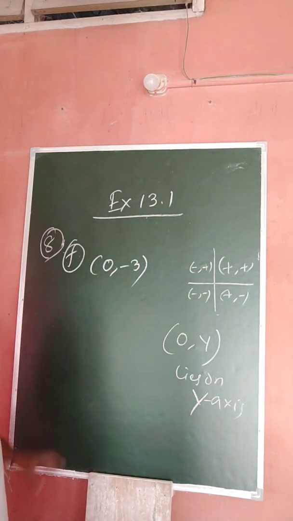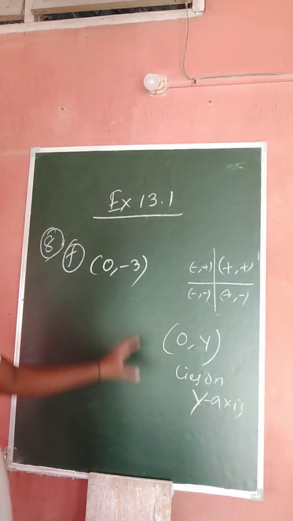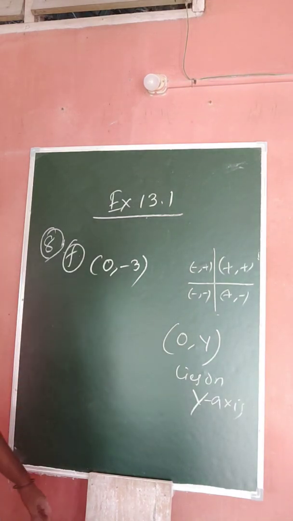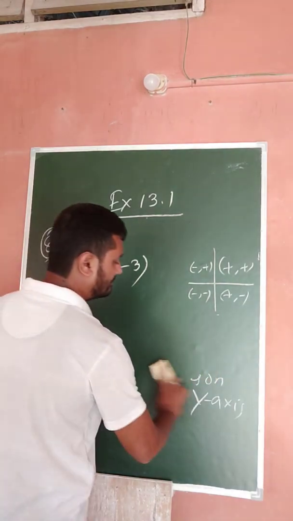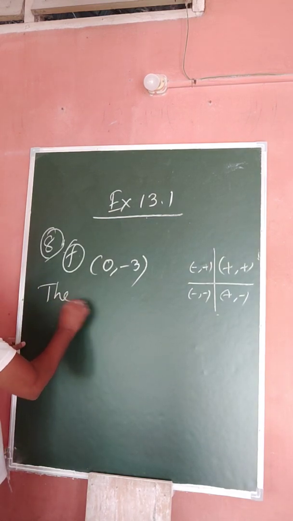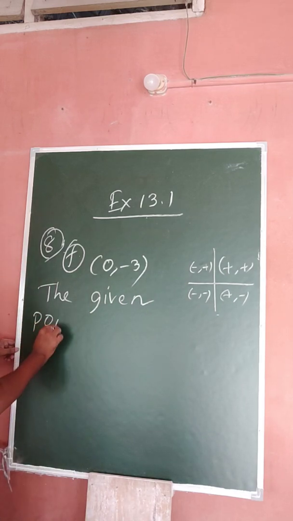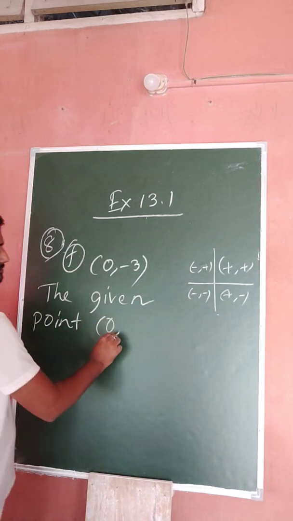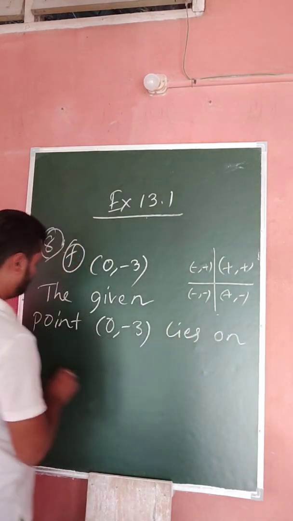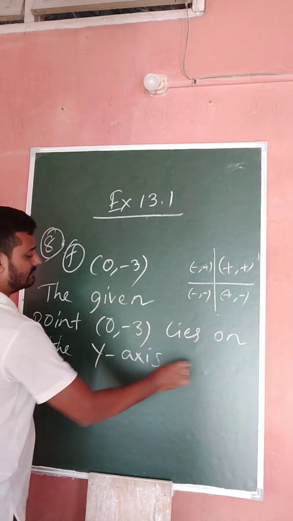You can take any value of y, but the value of x always remains 0. So this point lies on the y-axis. So the given point 0, -3 lies on the y-axis.